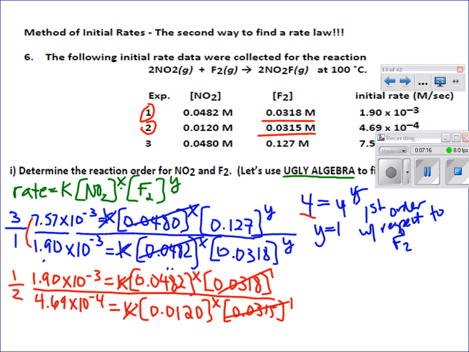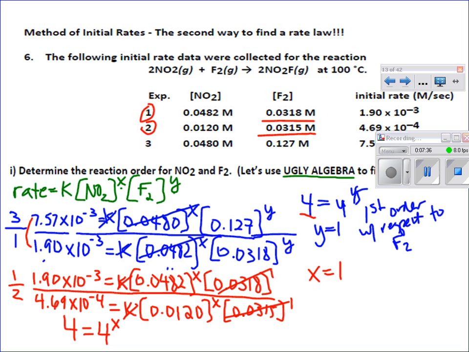So what do I get here? 4.69 times 10 to the negative fourth divided into 1.90 times 10 to the negative third. 4 is equal to, again, that looks like 4 to the x. Not very exciting. X also equals 1.